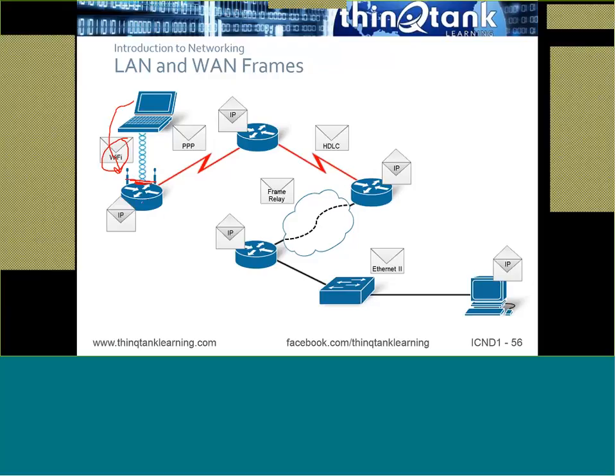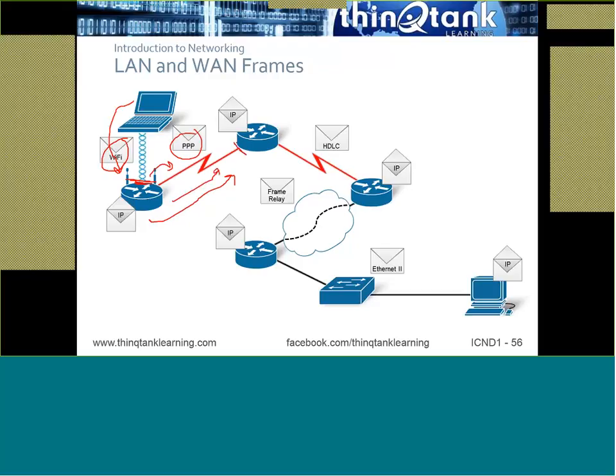Now, once the router decides, okay, I've looked at the contents, I need to send that data to this router, what has to happen to that data? It needs to be put back into another envelope. But the envelope that's used on this link is different than the envelope that was used on the first link, because this happens to be a PPP link. So we're going to put the data into a PPP envelope, send it on its way.